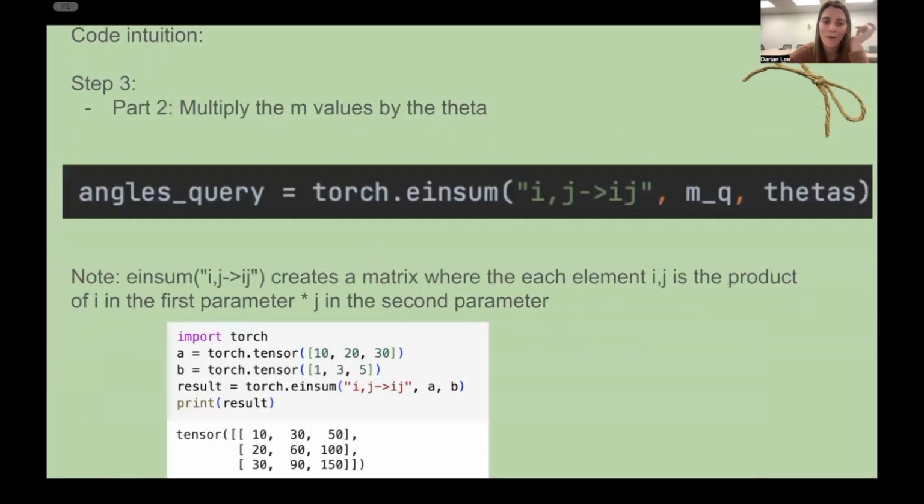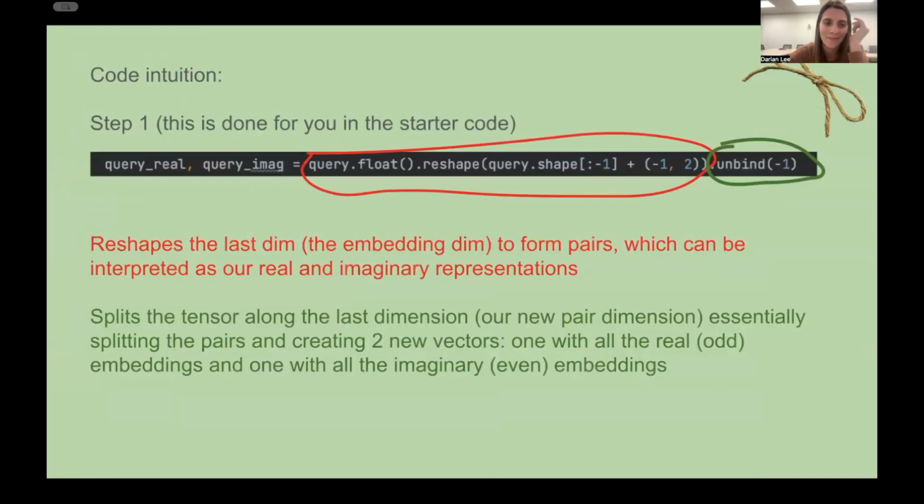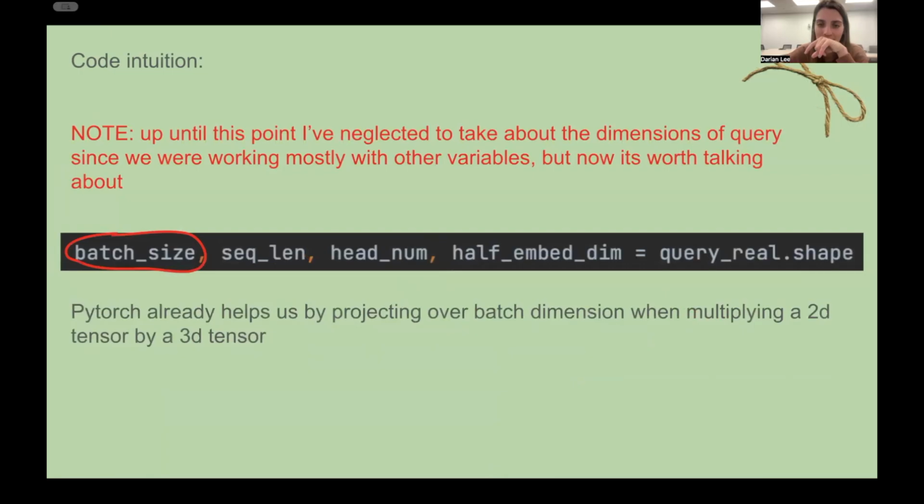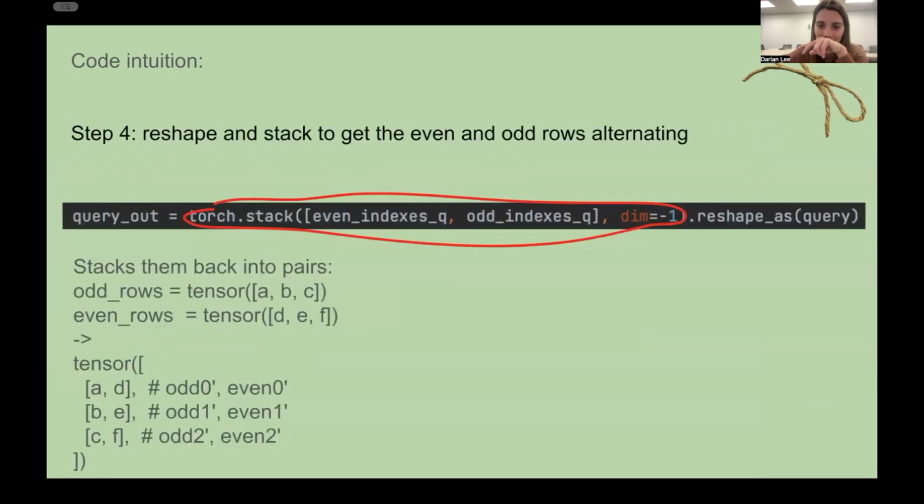So if we remember way back here, when we were creating pairs for the odd and even, we're doing that same thing here, and we're just stacking them on top of each other.